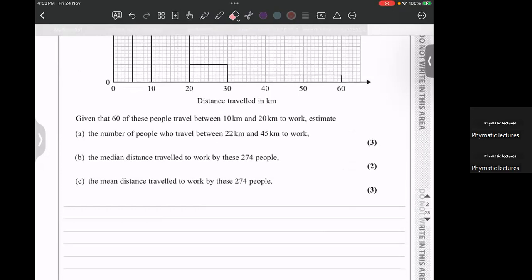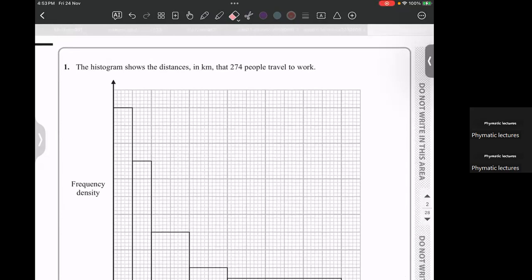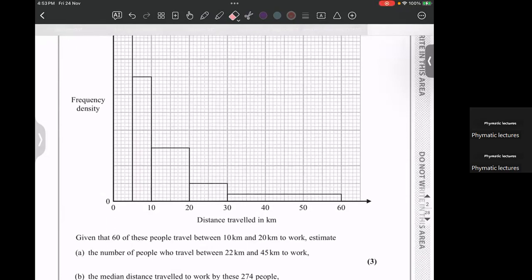What is that question? Given that 60 of these people travel between 10 and 20 kilometers to work. So it is given in our question that though we have altogether 274 people, specifically 60 of these people travel between 10 to 20 kilometers.